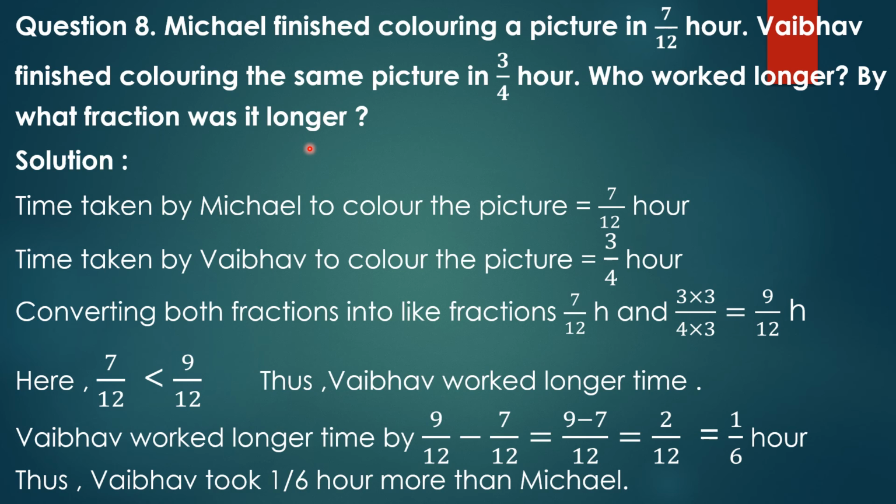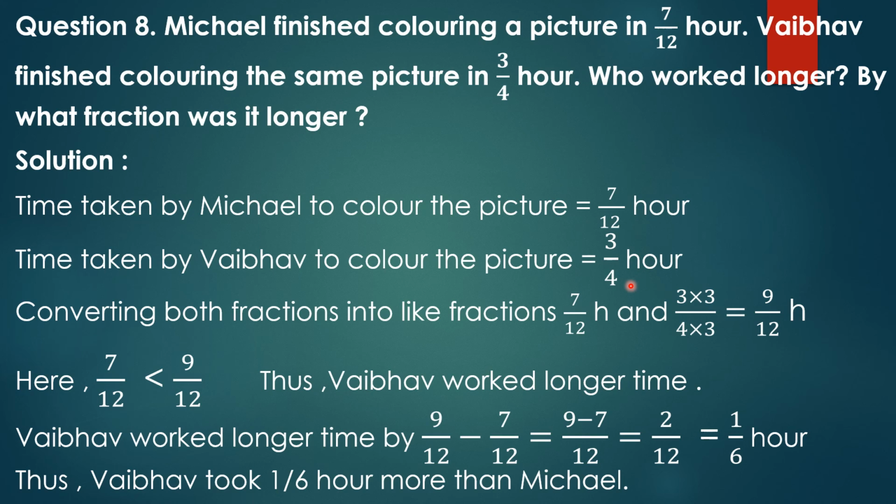Therefore now let us solve this. Time taken by Michael to color the picture is 7 by 12 hours and time taken by Vaibhav is 3 by 4 hours. Here we have denominator 12 and here denominator 4. So let us convert the unlike fractions into like fractions. What is the LCM for 12 and 4?